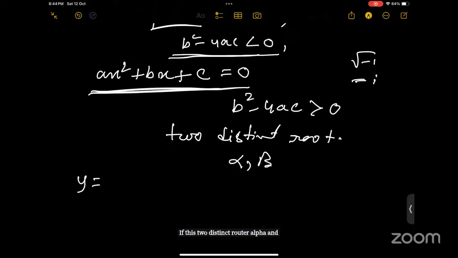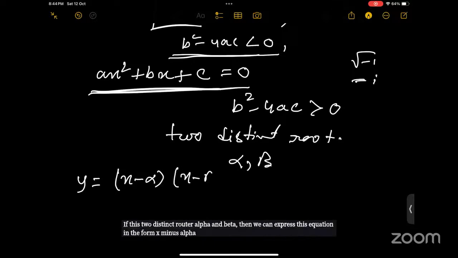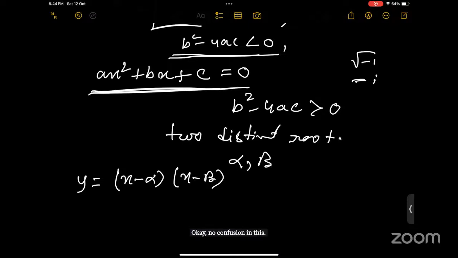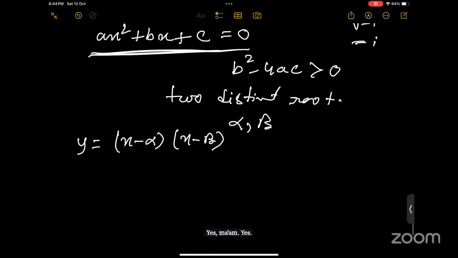Then we can express this equation in the form x minus alpha into x minus beta. No confusion in this? Yes, ma'am, it's clear.